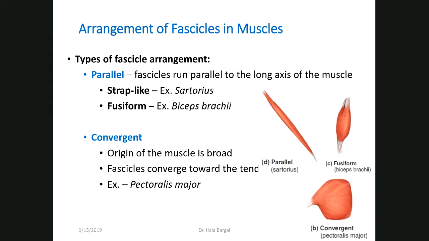Or convergent. Origin of the muscle is broad, like the pectoralis, and the insertion is very narrow. This is the convergent arrangement, like the pectoralis major muscle. Wide origin and narrow insertion.